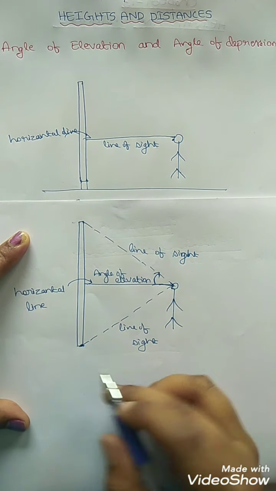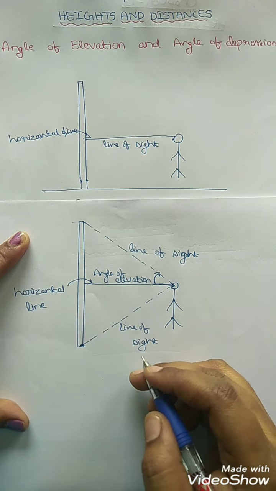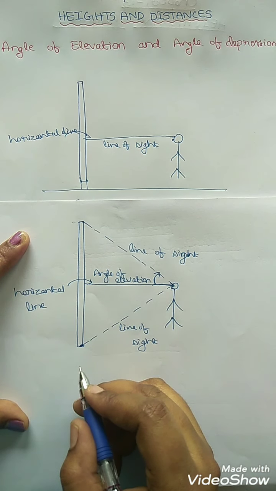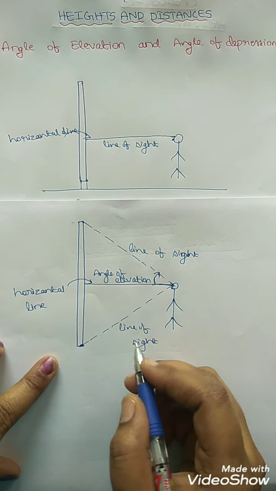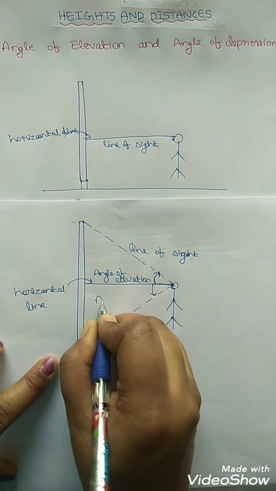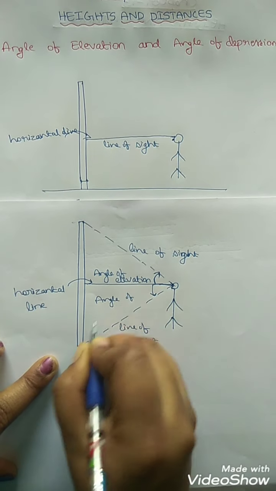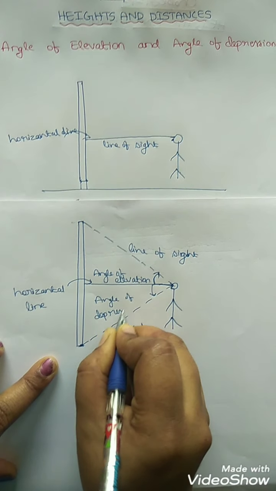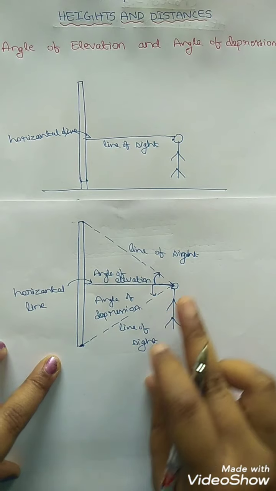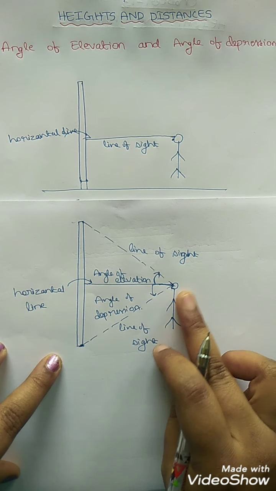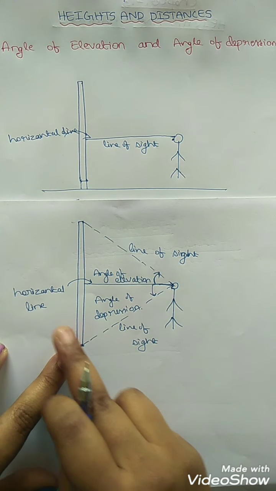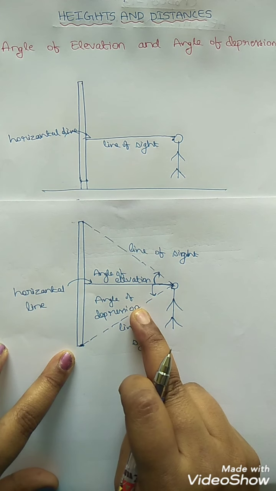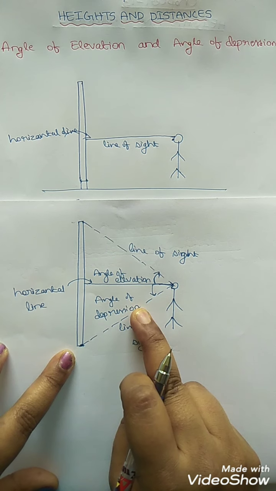In this case, the angle formed between the line of sight and the horizontal line is called the angle of depression. When a person is looking down, the angle formed by the line of sight and the horizontal line is called the angle of depression.